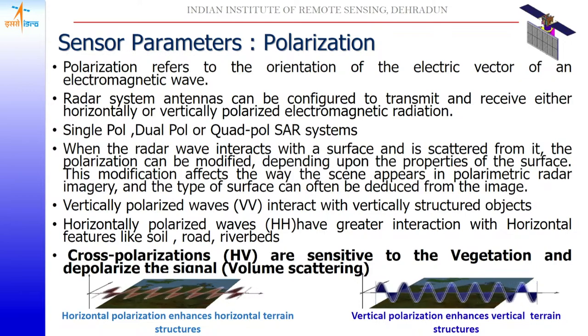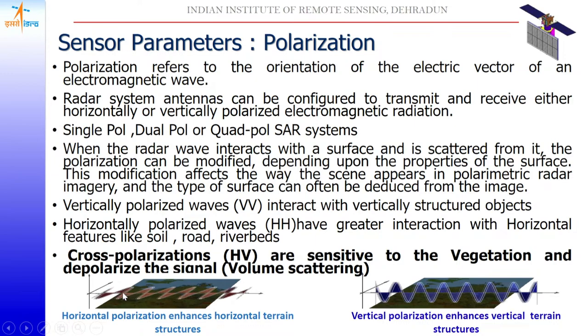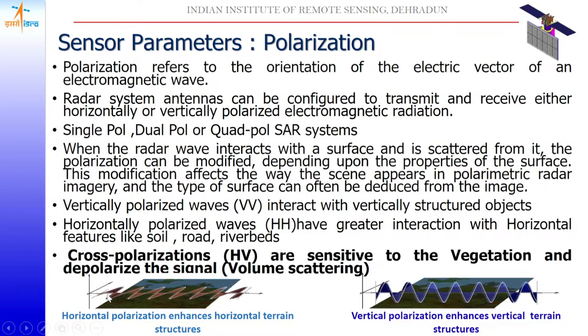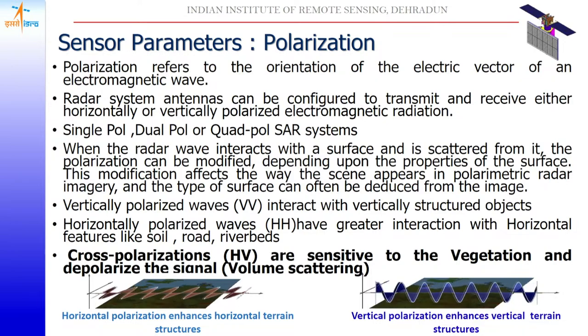So we can have horizontal or vertical polarization. Horizontal means the electric vector is at 0 degrees, and in the vertical it has a 90 degree orientation. Horizontal polarization interacts more with the horizontal features, and vertical polarization interacts with the vertical terrain structures.